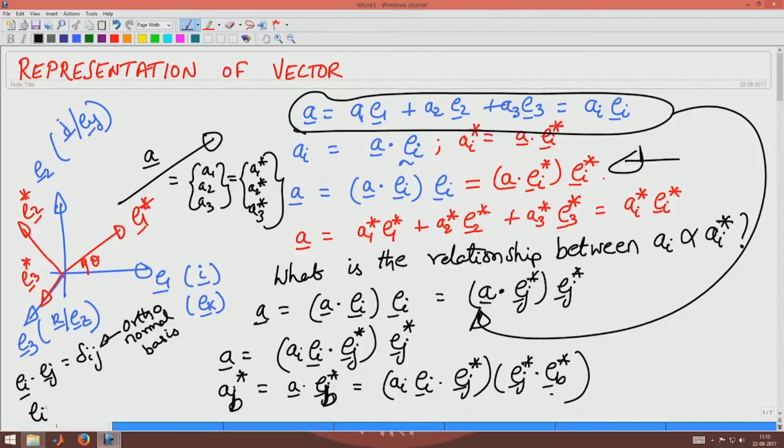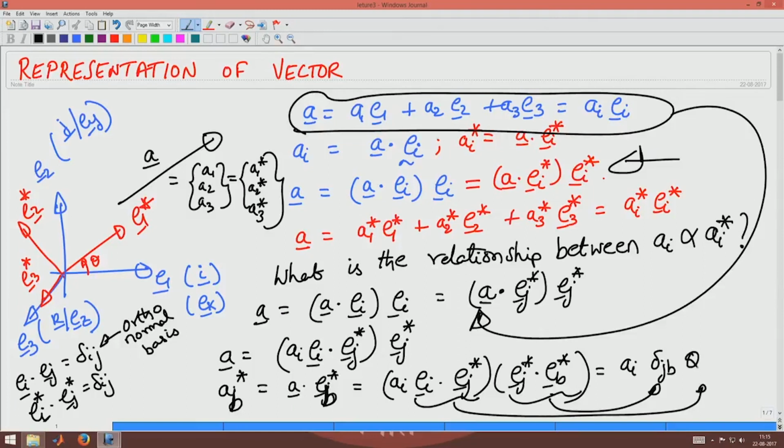Okay. Similarly, I have Ei star dotted with Ej star is delta ij. So, from that I get that this is Ai delta jb, and this becomes delta jb, and this I write as Qij.